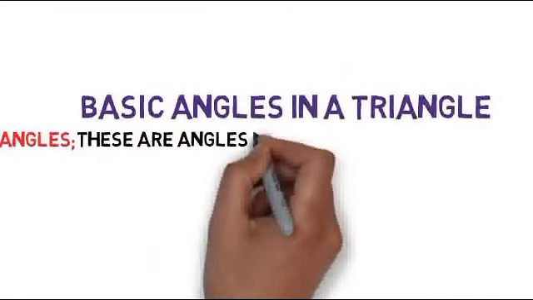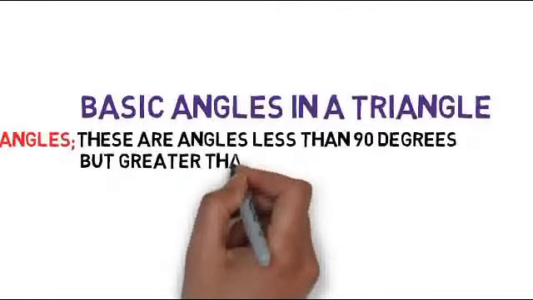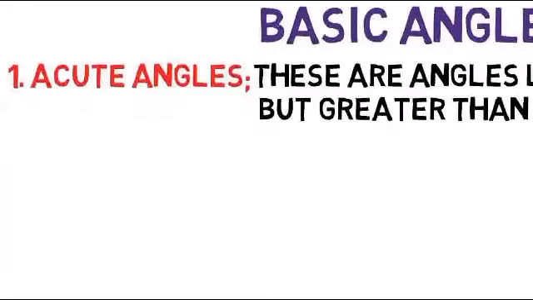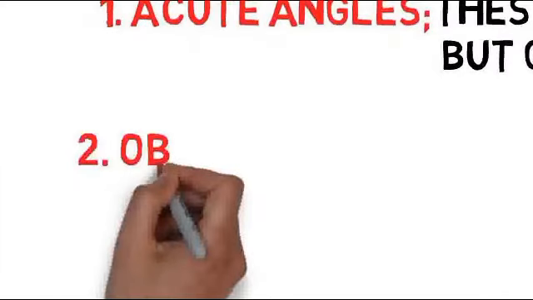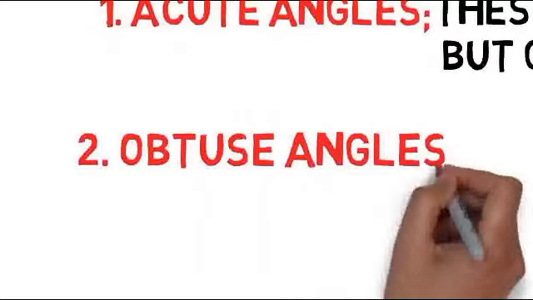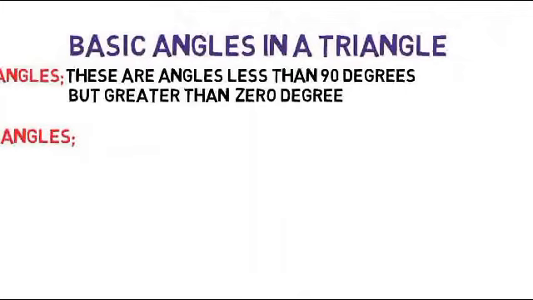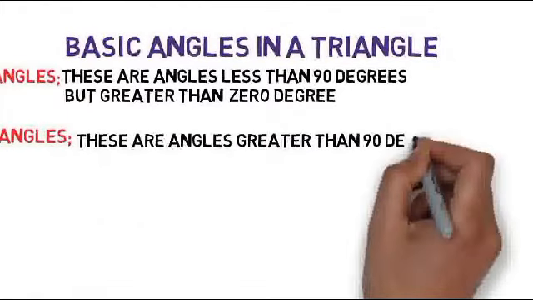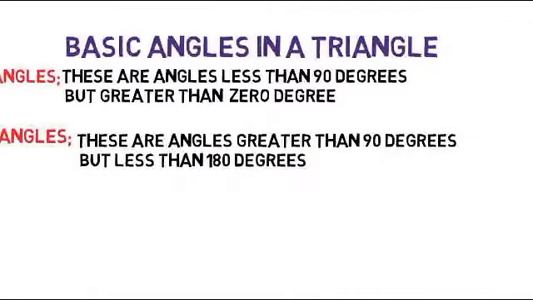Acute angles are angles less than 90 degrees, but greater than 0 degrees. Another basic angle we shall be treating is obtuse angles. Obtuse angles are angles greater than 90 degrees but less than 180 degrees.